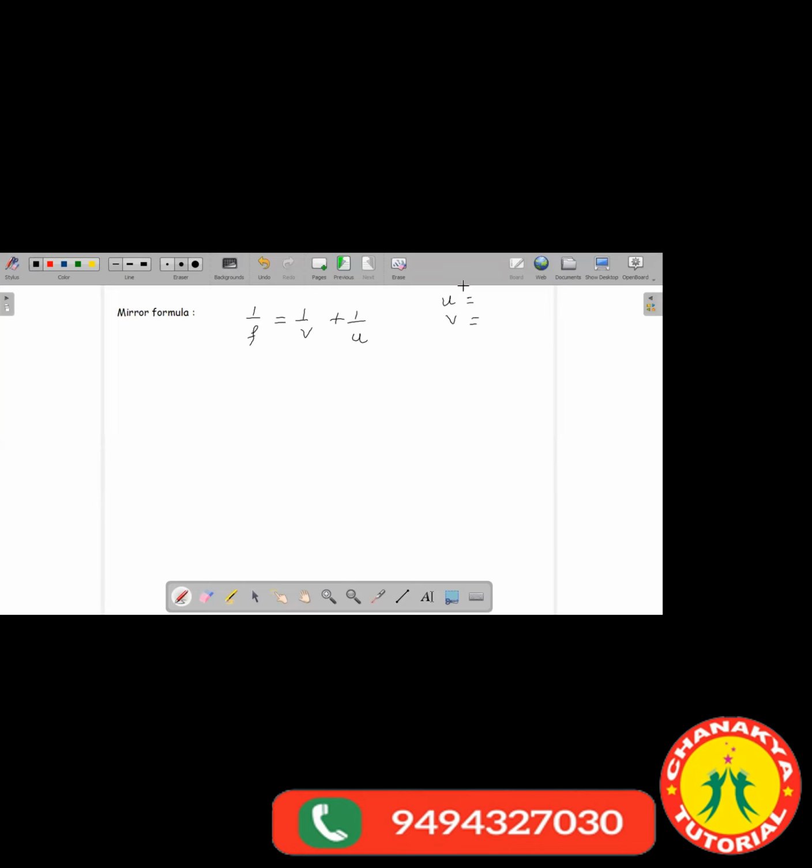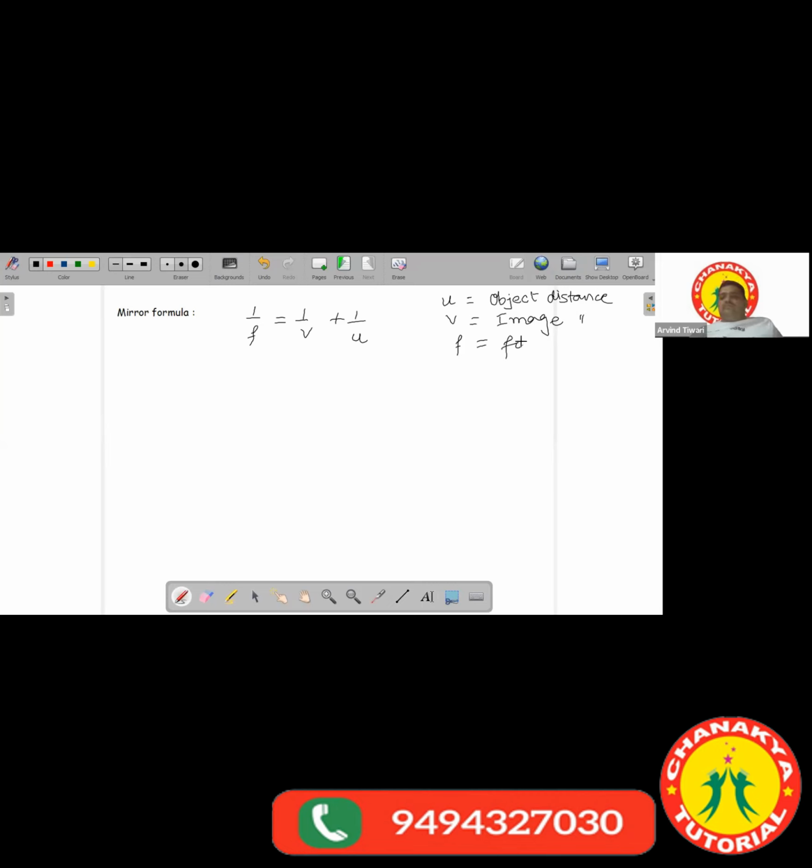U represents object distance. And what does the symbol V represent? The image distance. Very good. And what does F represent? F represents the focal length.